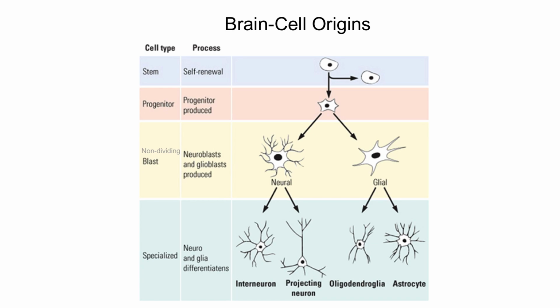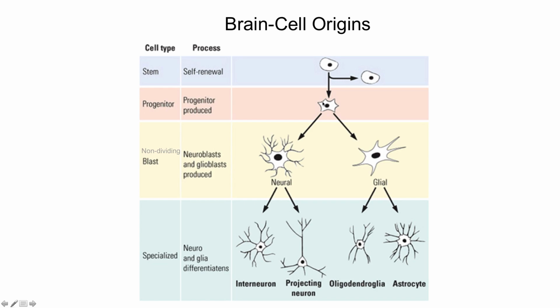I know that's a lot, so here I have a picture of it. Brain cells begin as multipotential stem cells, as you can see right here. These are self-renewing, and can divide and produce 2 stem cells. Then they can become progenitor cells, as you see right here.